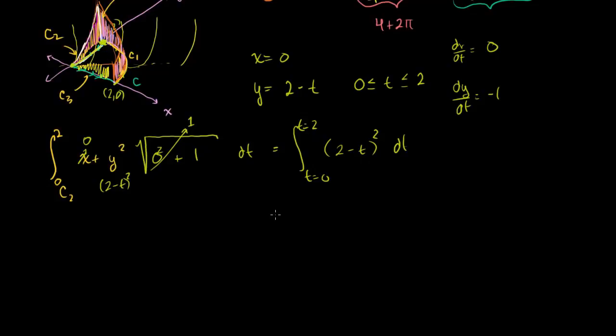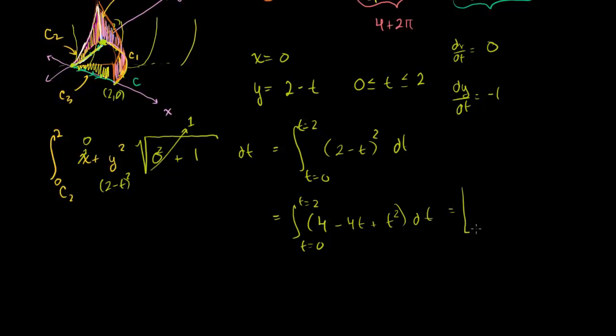So this is going to be equal to the antiderivative from t is equal to 0 to t is equal to 2 of 4 minus 4t plus t squared, just like that, dt. And then this is pretty straightforward.